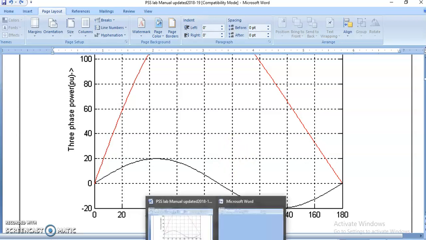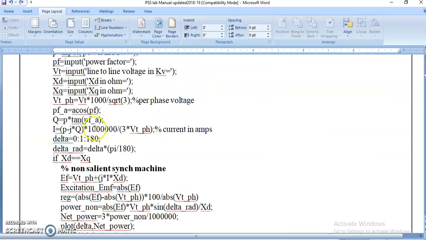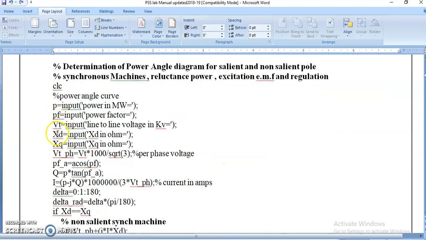So with this, I will start the program, how to write this. I told you the input data are power, power factor, VT, XD, XQ. Either you can define them like this or you can write directly. One problem has power P equal to 48 megawatt, power factor 0.8, VT 34.64, and XD, XQ equal or unequal depending upon salient or non-salient.